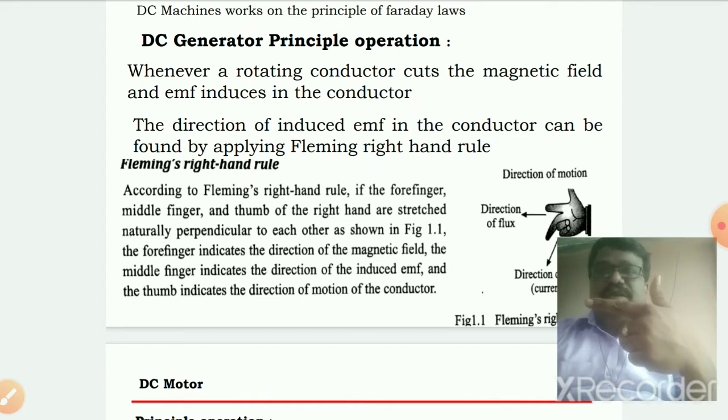This is Fleming's right hand rule. It is used for finding the direction of induced EMF in the conductor.